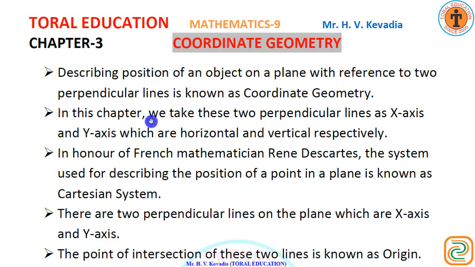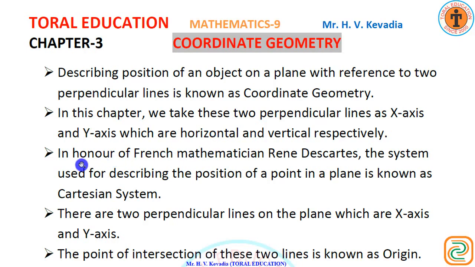In this chapter, we take these two perpendicular lines as the x-axis and y-axis, which are horizontal and vertical respectively. The x-axis is horizontal and the y-axis is vertical, right? You are very well aware of this.